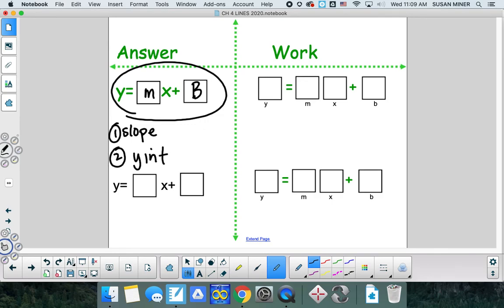If you're having trouble finding slope, or if you're having trouble finding the y-intercept, then go back and rewatch the videos on finding the slope or finding the y-intercept and review those sections so that you can find those two things. That's what I need to be able to write a slope-intercept equation.